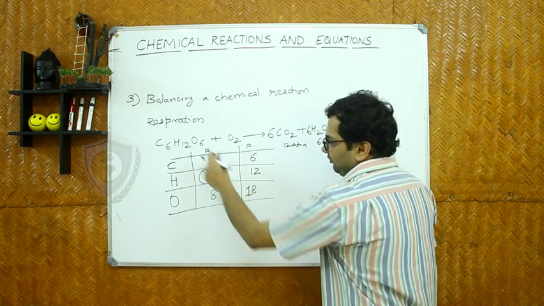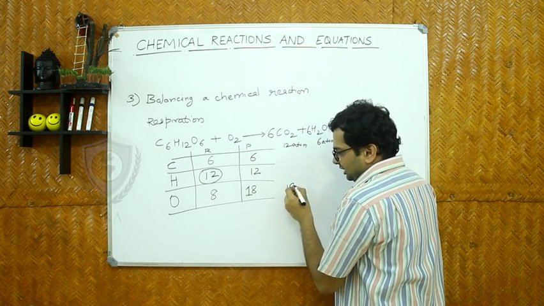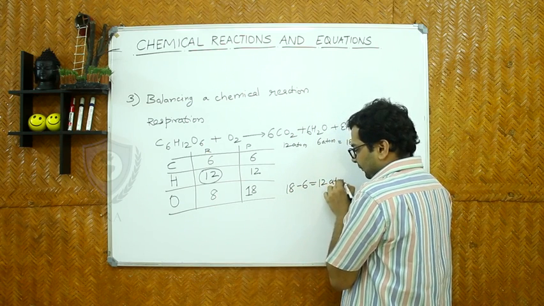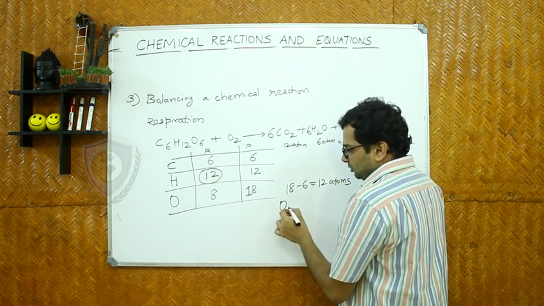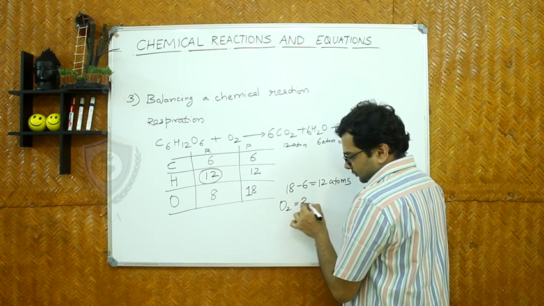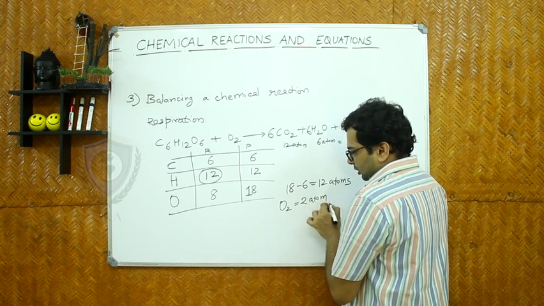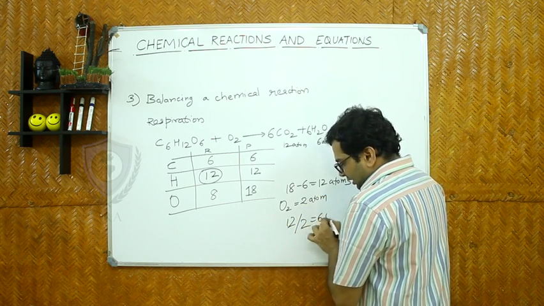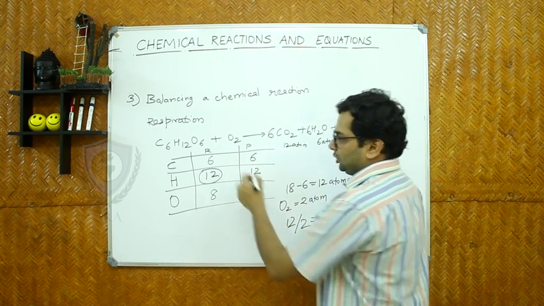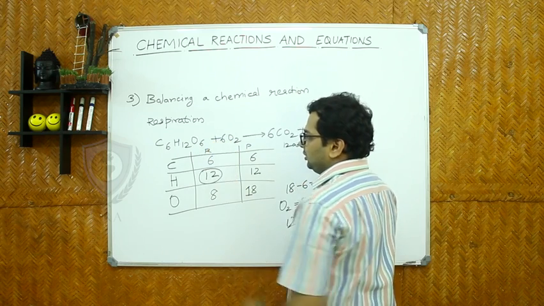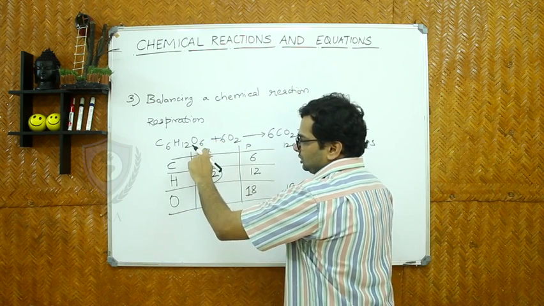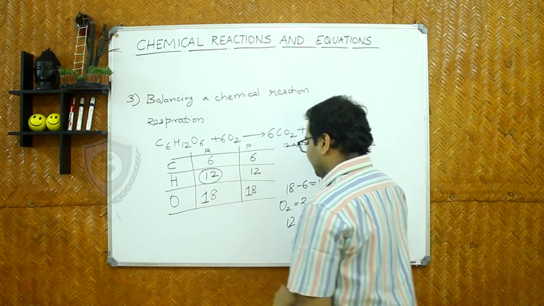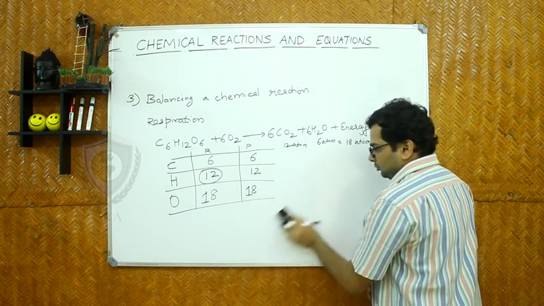Out of 18 we have 6 here. So we have 18 minus 6, 12 atoms remaining, and each oxygen molecule contains 2 atoms, right? So 12 divided by 2 is 6, we need 6 oxygen molecules. So if we put a 6 here, then it becomes 6 oxygen plus 12 oxygen, a total of 18 oxygen, right?